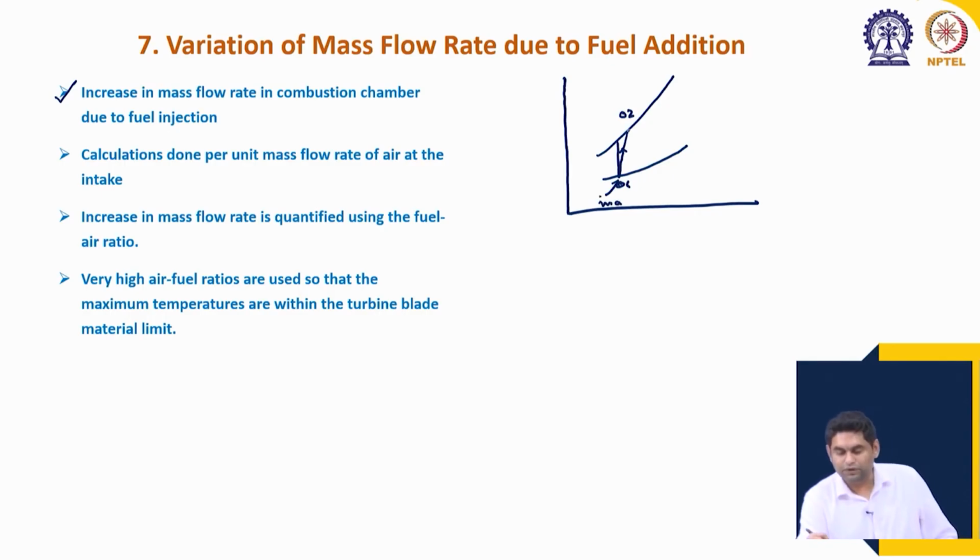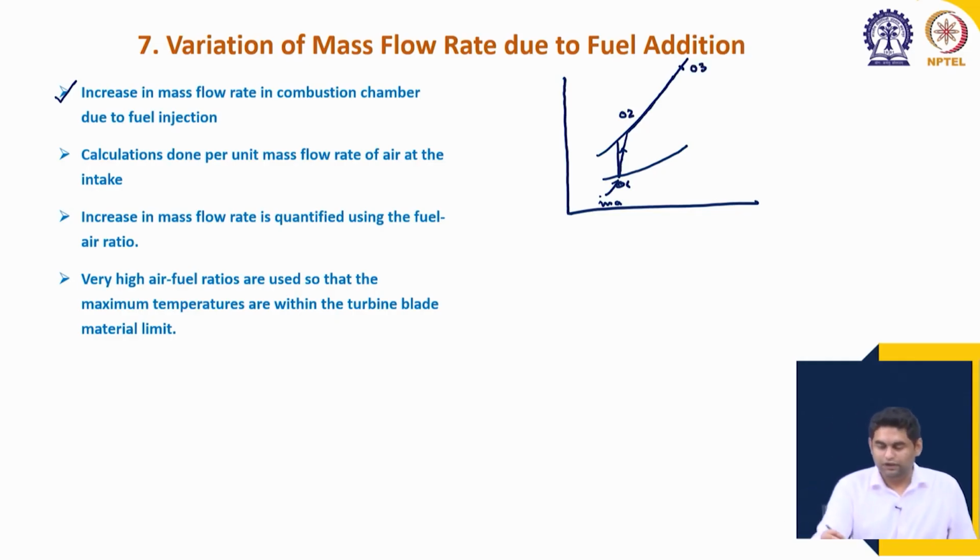Now, during the conversion we are adding fuel. So, there is fuel injection, and while injecting fuel the mass flow rate will increase. Let us say that the fuel injection mass flow rate is given by m dot F, the mass flow rate of fuel.